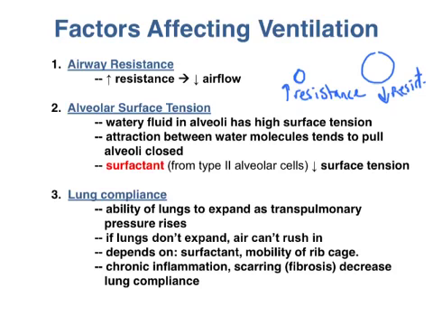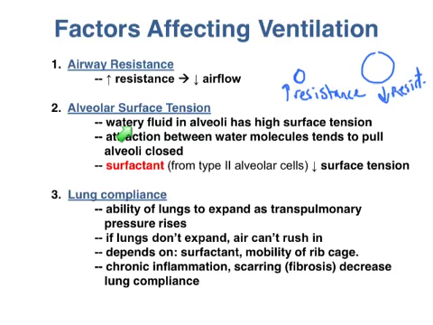Now, surface tension comes into play because you have watery fluid in your alveoli. You have this kind of thin, watery fluid coating the cells, the surfaces of those air sacs. And like watery fluids do, this fluid normally has a high surface tension. This high surface tension of water is why you can get water climbing up a narrow glass tube.